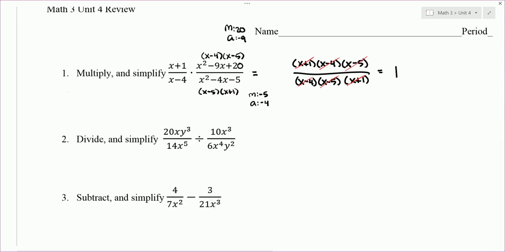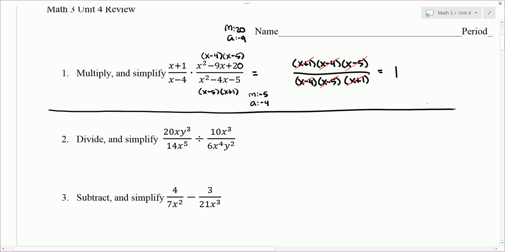Number 2. So number 2, when you divide two fractions, you end up multiplying the first fraction by the reciprocal of the second fraction. And so I'm going to write that.